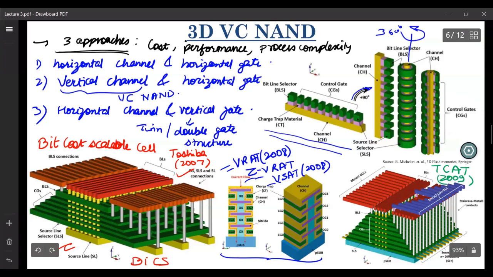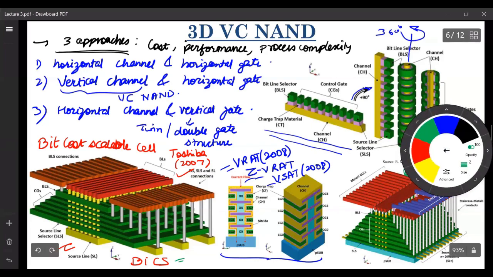This forms the basis for all the 3D NAND flash memory from Samsung after this, like VNAND, ZNAND, and whatever you are getting from Samsung, it's all based on this TCAT. And this TCAT mitigates all the deficiencies of the BiCS structure. It's also very important to know about the failures, because unless you know about failures, you won't be successful. So that we'll do in the assignment part.